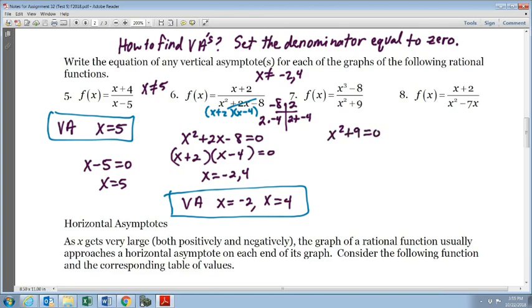So when you set x squared plus 9 equal to 0, let's see, we need to get that 9 on the other side, or subtract 9 on both sides. We'll take the square root of both sides, and the square root of negative 9 is 3i. So we're going to get plus or minus 3i. Now these are imaginary numbers.